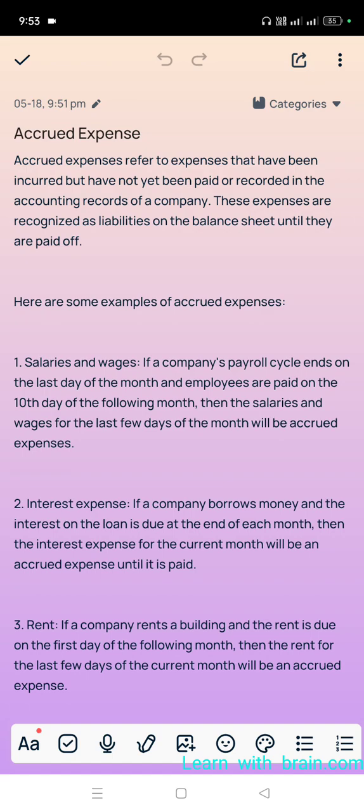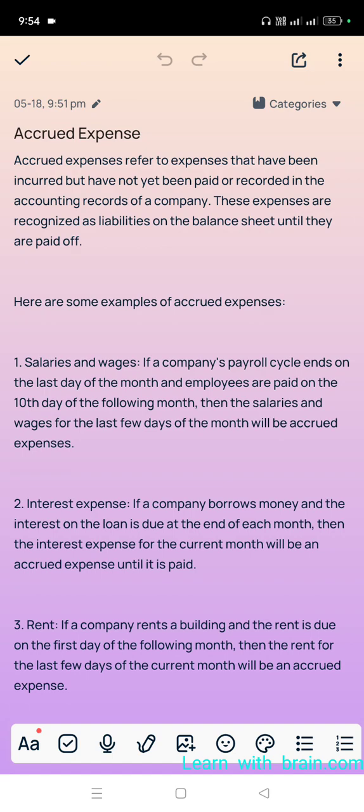So if a company's payroll cycle ends on the last day of the month and employees are paid on the 10th day of the following month. A simple example: this month is May. The payroll cycle ends on the last day of the month, that means on the 31st of May the payroll cycle ends, and up to that, salaries have to be paid.